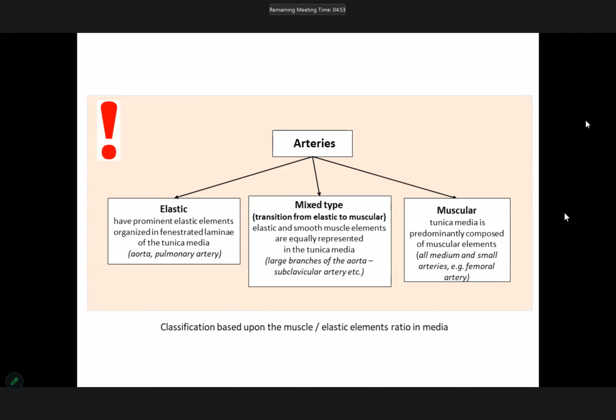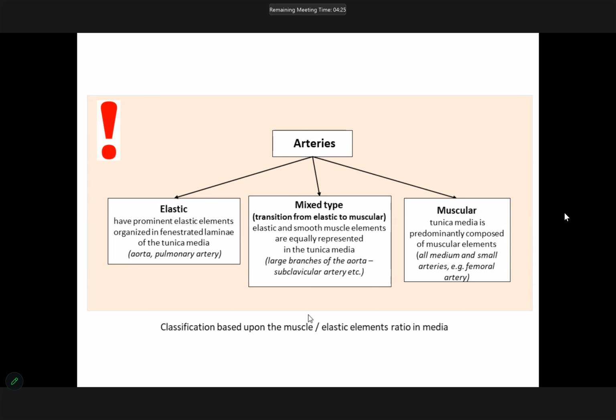Now, very important information, the classification of arteries, which you should know by heart. Arteries can be divided into elastic, muscular, and transitional type, mixed type. This classification is based upon the ratio of muscle and elastic elements in the media of these arteries.